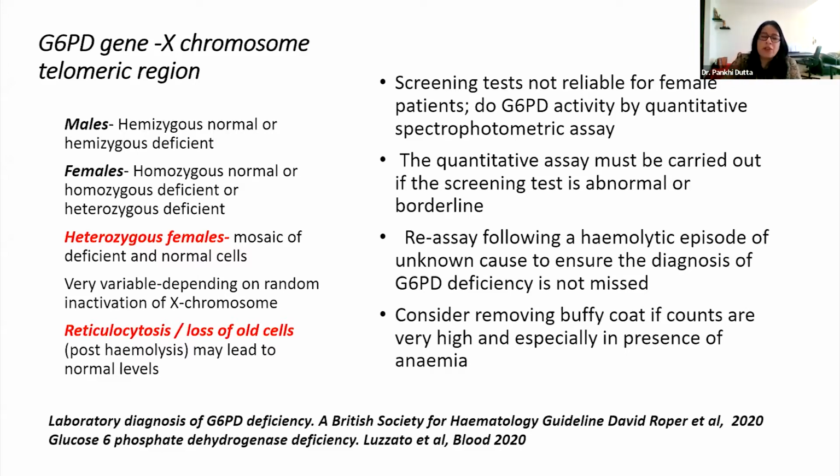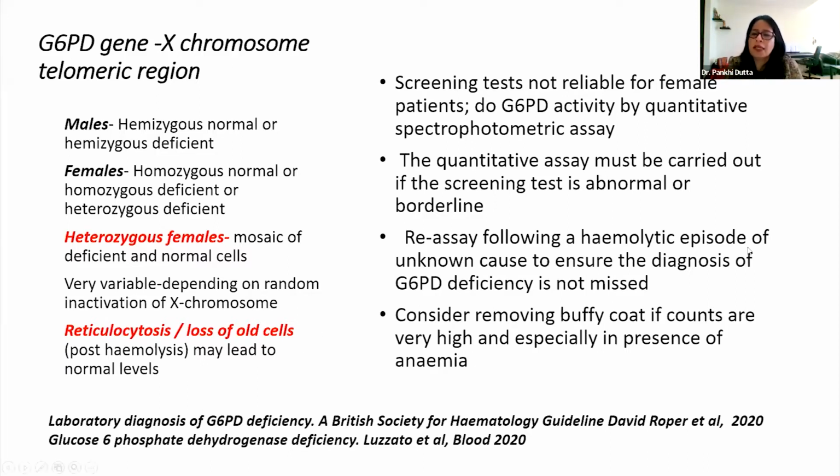And I'm sure many of you know that reticulocytes, or new red cells, which appear because of hemolysis, are rich in all red cell enzymes. And thus, when you do a screening test or even a quantitative assay at that point of time, after brisk hemolysis, we might miss a deficiency.